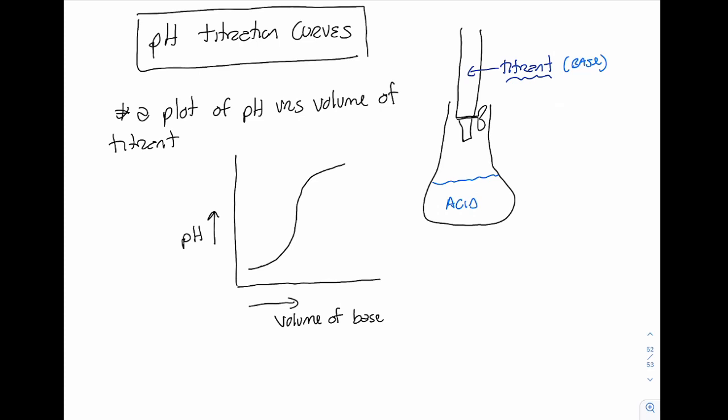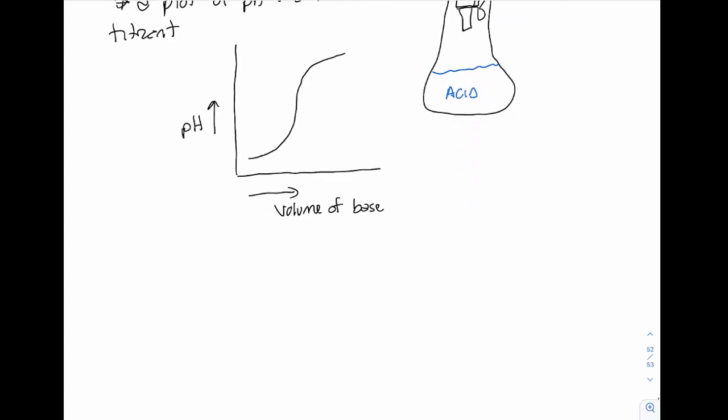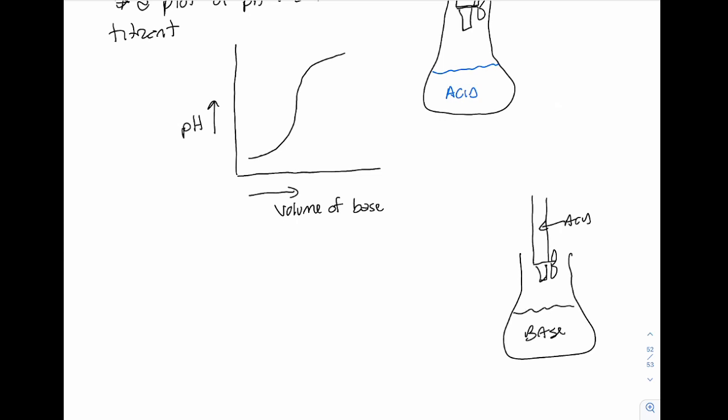If we wanted to start out in reverse, and this is going to get even messier because I'm going to draw it faster. If I had acid for my titrant, so that's in my burette, and I had base in my Erlenmeyer flask, right?